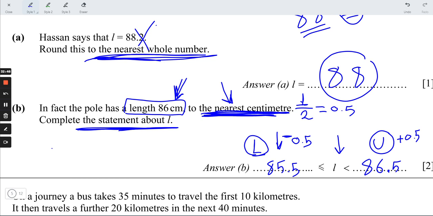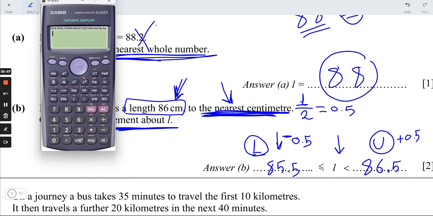If they are saying rounding to 1 decimal place, it means 0.1, and you should divide it by 2. So 0.1 divided by 2 is 0.05.